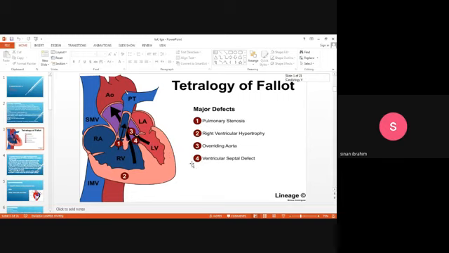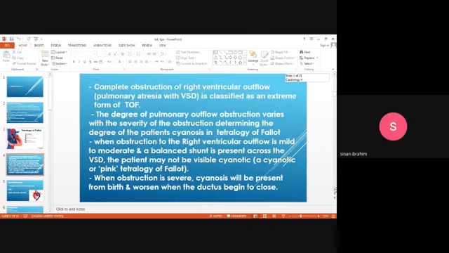طبعا الفورث احنا قلنا هو الفنتريكولار septal defect. طبعا there is another entity of the tetralogy. It's called tetralogy with pulmonary atresia, causing complete obstruction of the right ventricular outflow, which usually has the same components of classical tetralogy of Fallot, but associated with atretic pulmonary valve.